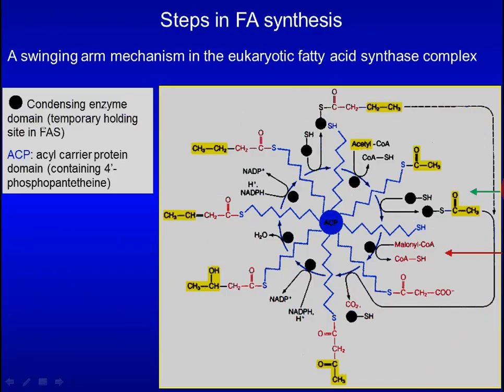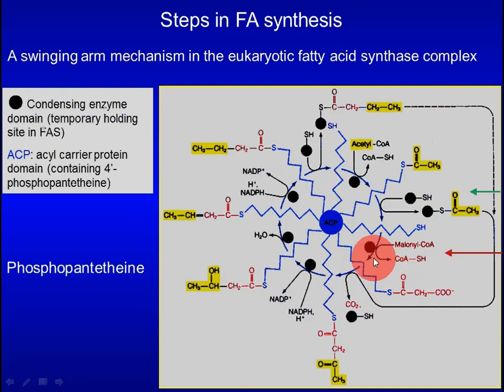This is fatty acid synthase. This is the phosphopantetheine arm. This arm accepts every new malonyl-CoA. Black dots represent the second arm that holds the growing fatty acid chain temporarily.